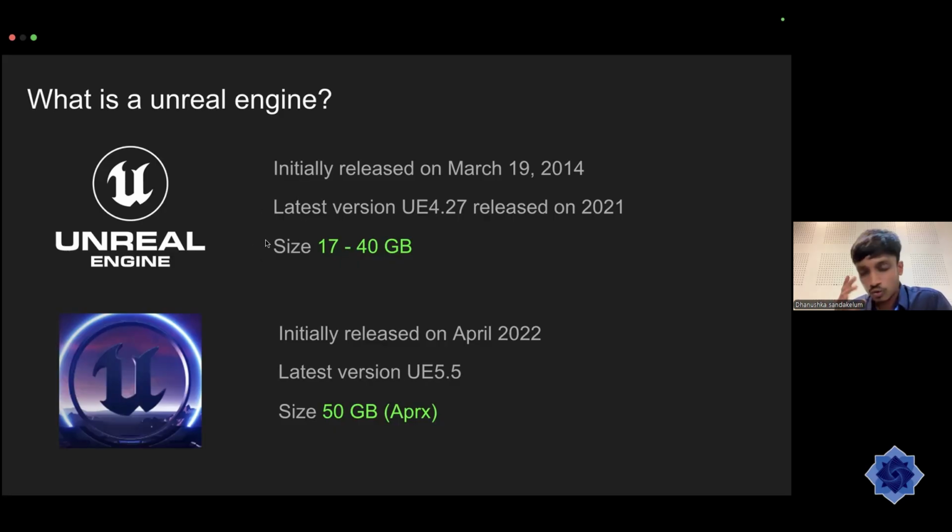So why am I taking so much time on this Unreal Engine? Basically, I just want to show its size. Unreal Engine 4 is approximately 17 to 40 GB. Once you include all the plugins and libraries, it will be around 40 GB, but as the base engine, it will be around 20 GB.